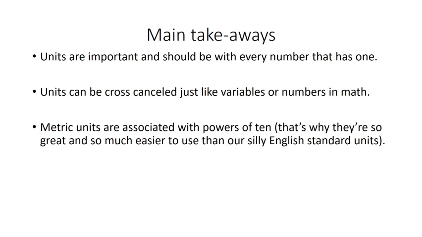So the main takeaway: units are important and should be with every number that has one. Units can be cross-canceled, just like variables or numbers in math. Metric units are associated with powers of 10. That's why they're so much easier to use than the English standard units.